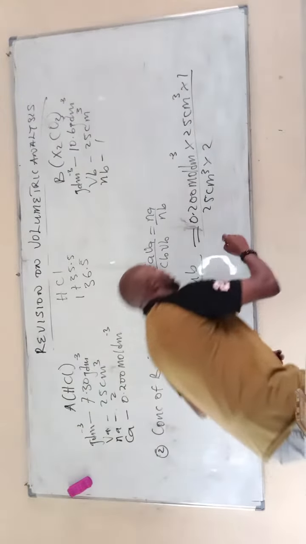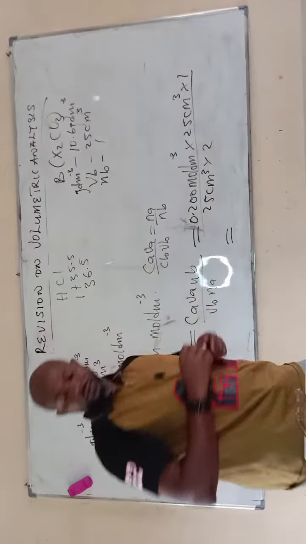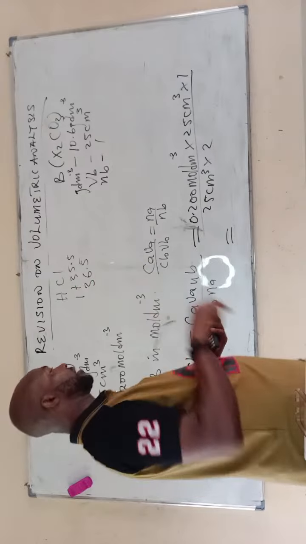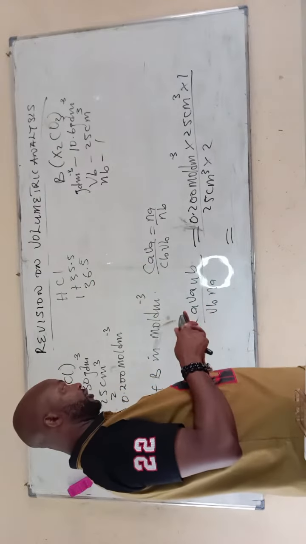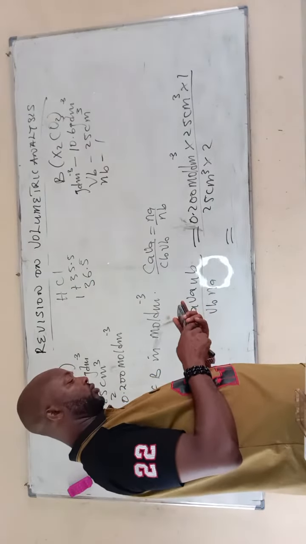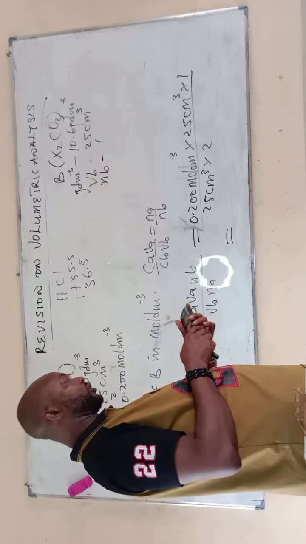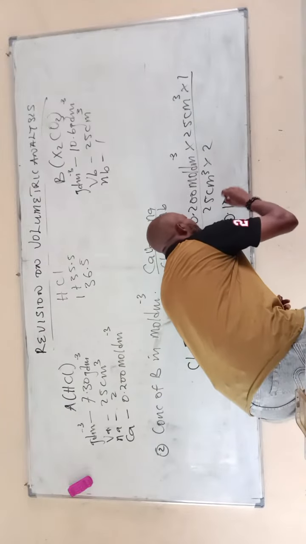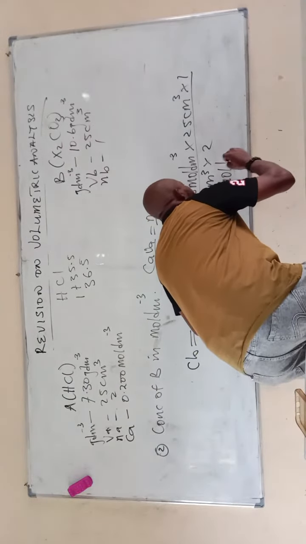So this is equals to, I know 25 can cancel out, so 0.2 divided by 2, and that gives us 0.1. So 0.100 mole per dm3.